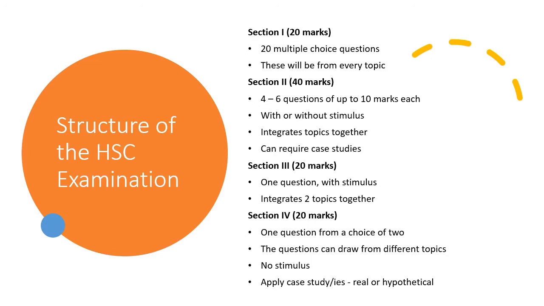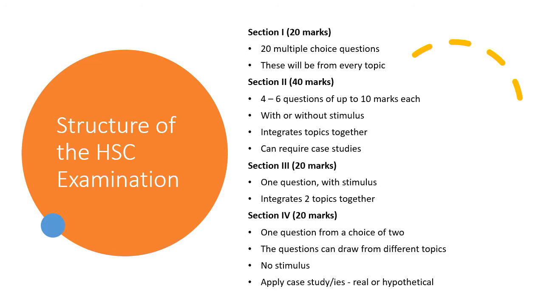With section 3 and 4 of the exam, section 3 is your business report, and here they're going to integrate 2 topics together. So you'll have the scenario, and then you'll have a couple of dot points at the bottom, which is what they actually would like you to answer. The last section is where you have to write an essay. Now you're going to get a choice of 2 questions here, and those 2 topics are going to be different from the topics in section 3.